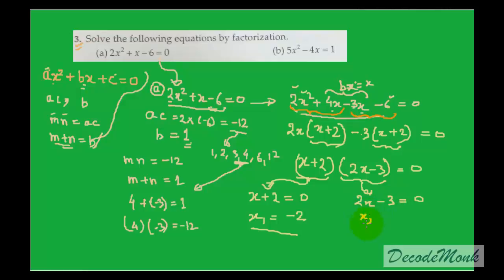This will give you the second solution: take 3 to the right hand side and 2 beneath 3. So this is the second solution. So x1 equals minus 2, x2 equals 3 upon 2. So these are the two solutions to question number A.